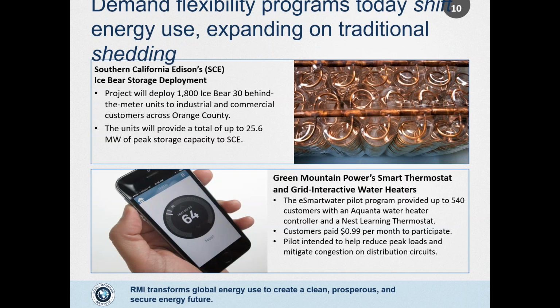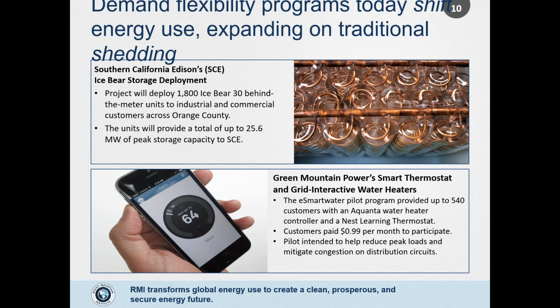And so what's out there today? Traditional demand response programs have been around for years, and these programs usually send customers signals to reduce energy consumption during times of high stress on the grid. These new demand flexibility programs, in contrast, take a different approach.